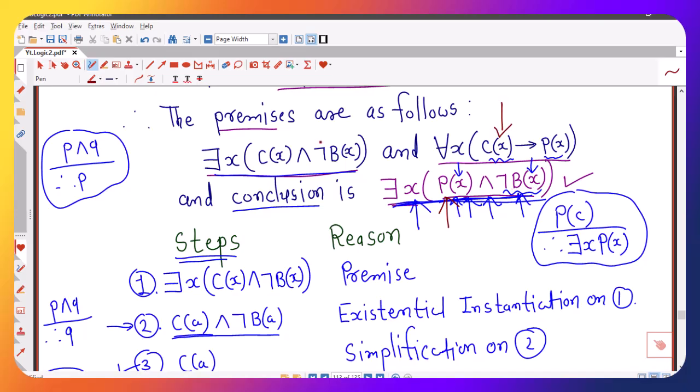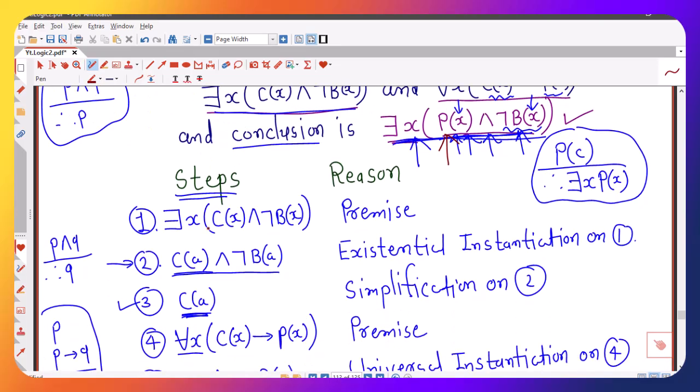So we started with this premise, and because we know this rule of inference now, using this rule of inference we write that this is true for some x, suppose it is true for x equal to a.